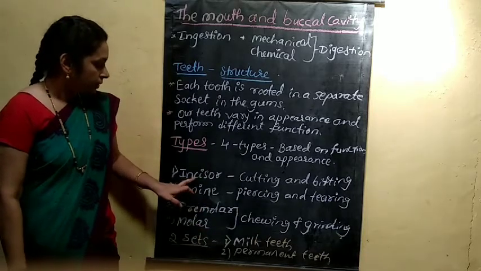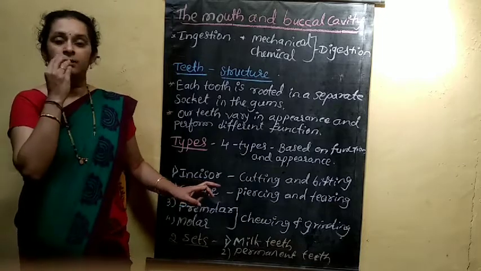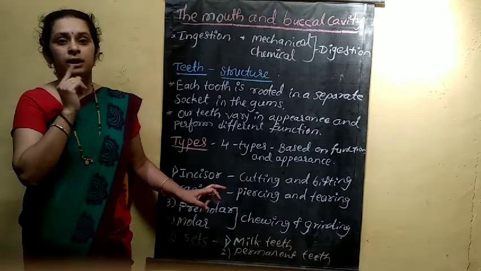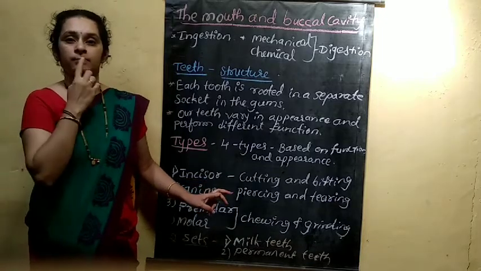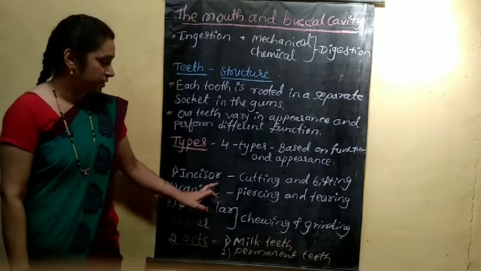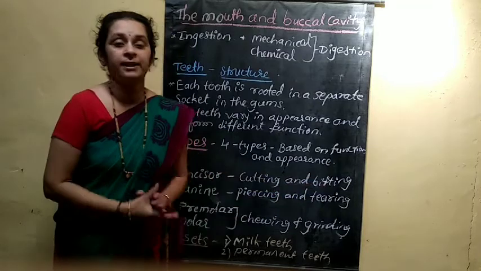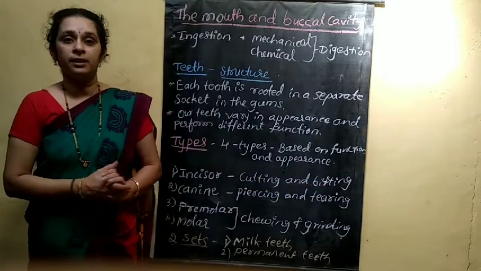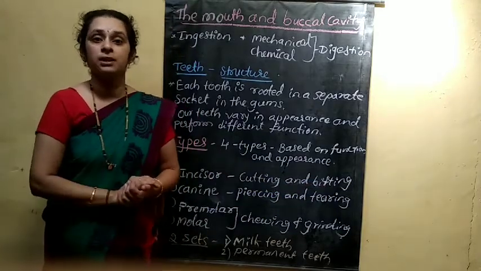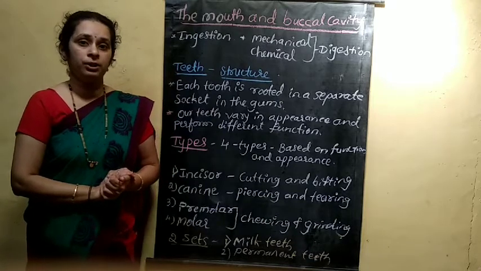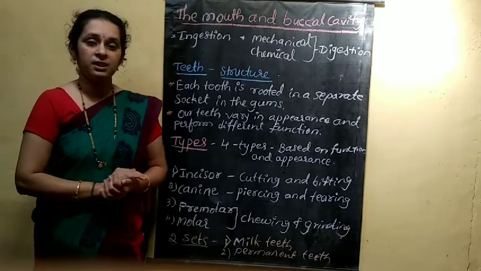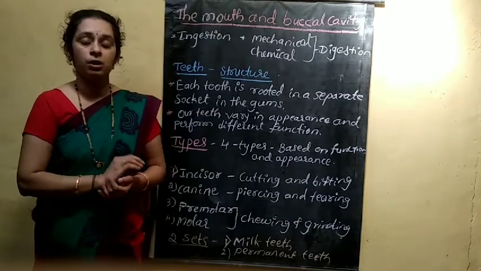First, when you open your mouth in front, you will come across 4 incisors, bachigal. They help in cutting and biting the food components. What is the main function of incisor?